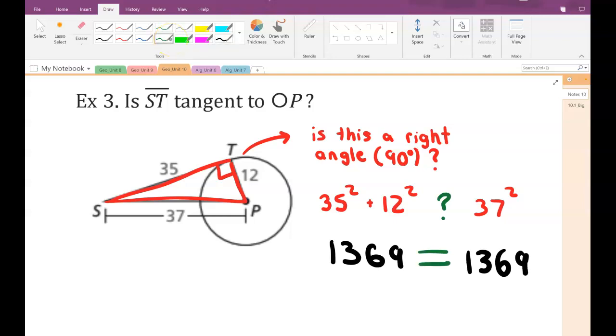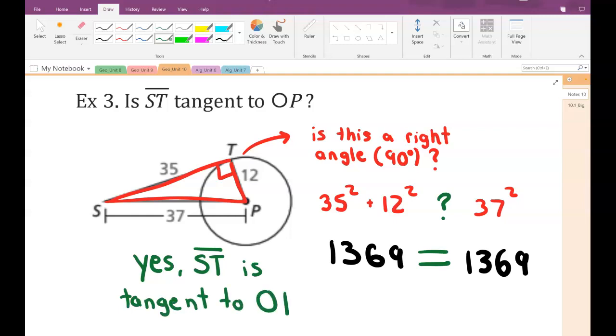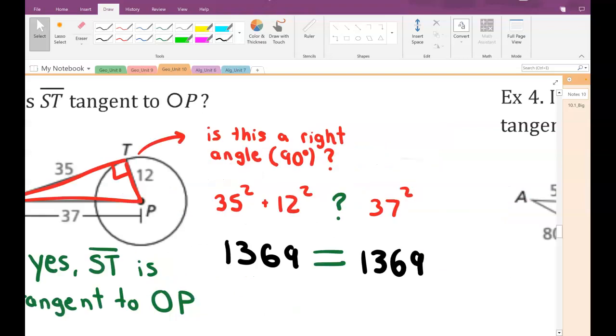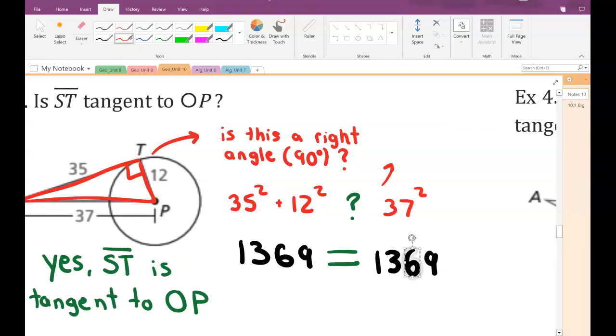All right, so if they are equal to each other, then yes, ST is tangent to circle P. And again, this is what we just went over in last unit, Pythagorean theorem, checking if it's a right triangle.